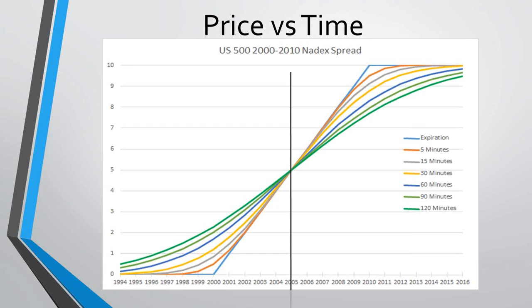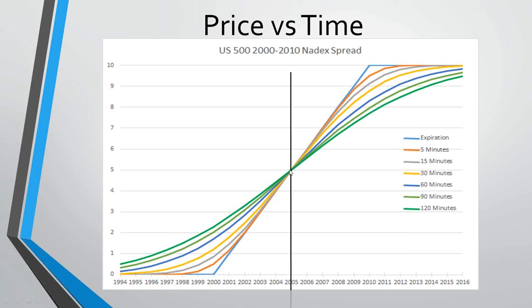Price versus time. Right now we're talking about the null point. The underlying is the E-mini S&P 500; we're looking at the US 500, which is based off the E-mini S&P 500 futures contract. If we put it on at this 2005 and it sits here until expiration, you see how no matter what the time is, we have a whole bunch of different times here, the value doesn't really change because it's intrinsic value.